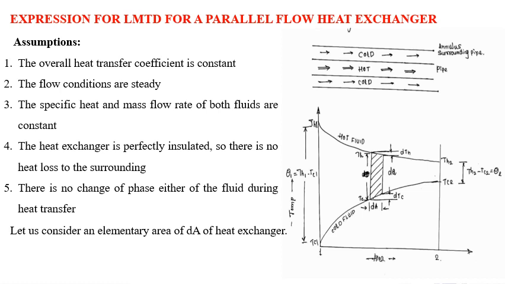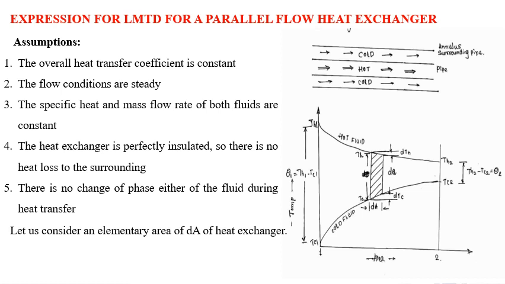You can see and note this in the sketch. The temperature of the hot fluid decreases, and that of the cold fluid increases along the length of the heat exchanger. Thus the temperature of the cold fluid can never exceed that of the hot fluid in any case.